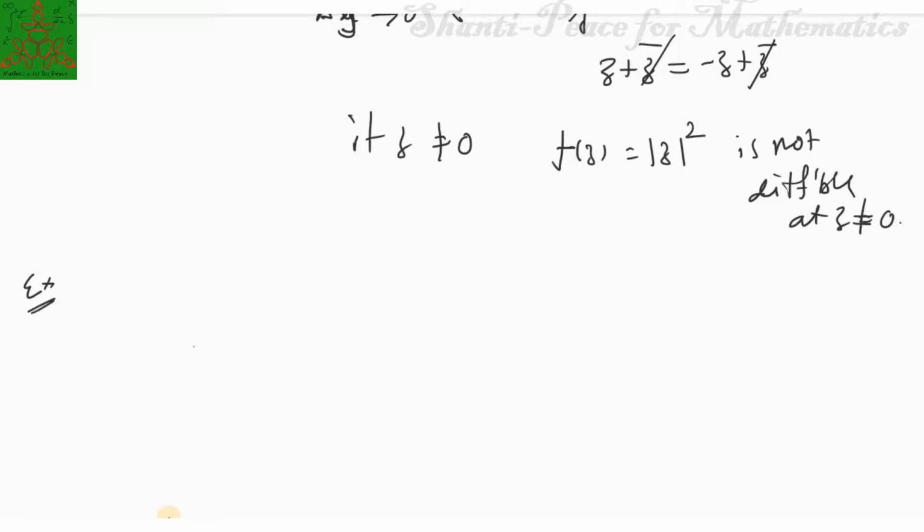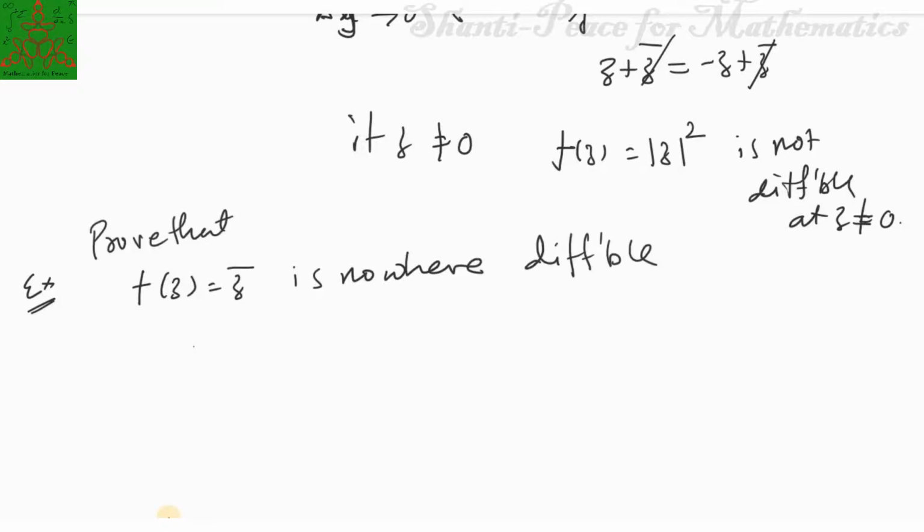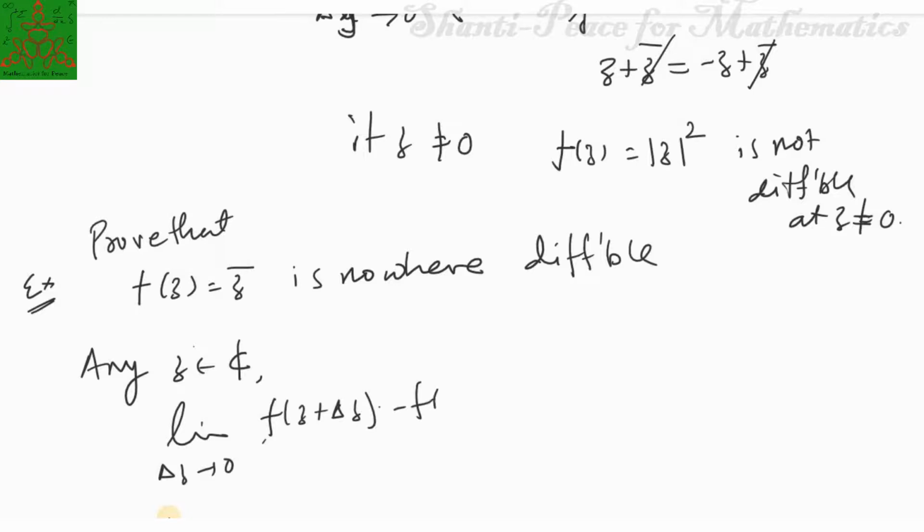The next example: prove that f of z equal to z bar is nowhere differentiable. For that, for any z in C, I start with the limit as delta z tends to 0 of f of z plus delta z minus f of z upon delta z. I want to prove that this limit does not exist.